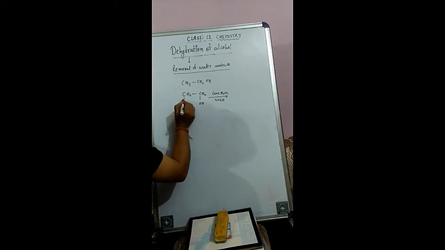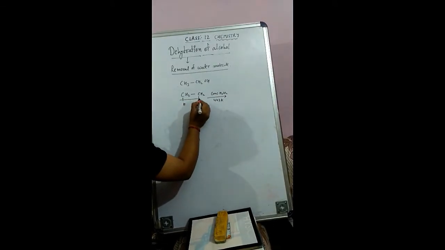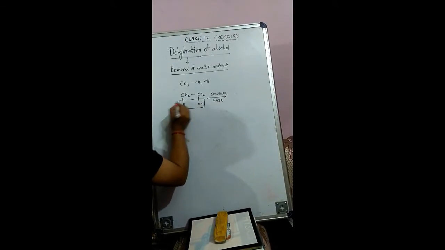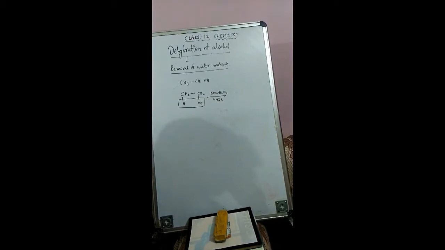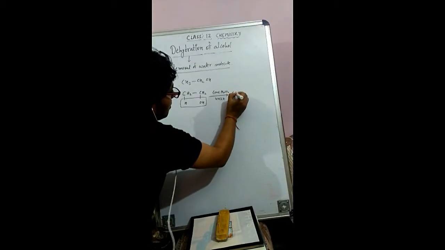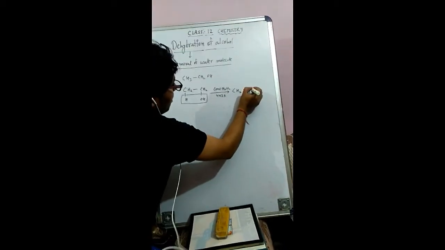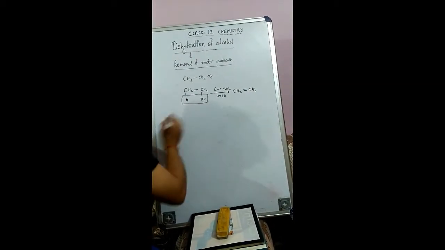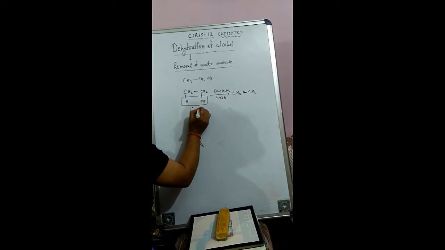Then this H and this OH are released to make H2O, one water molecule released, and what is left here is CH2 double bond CH2.